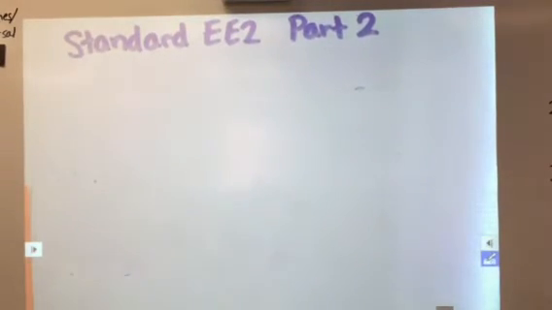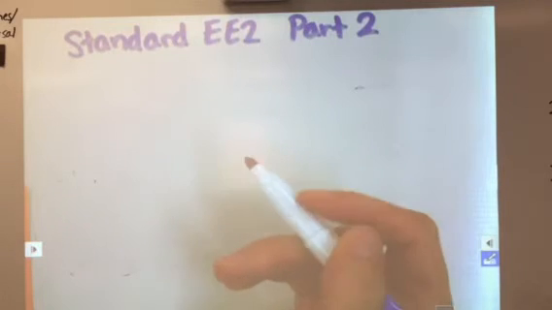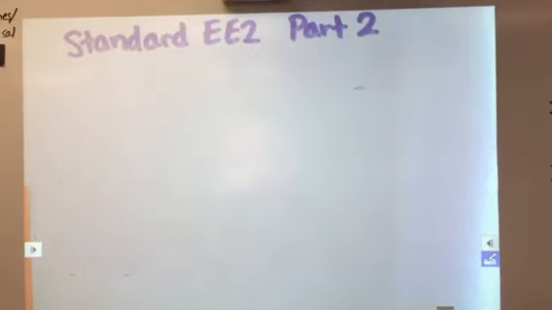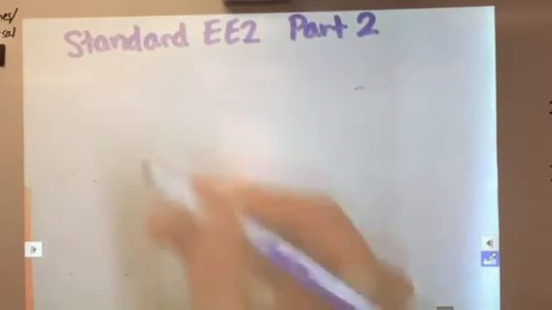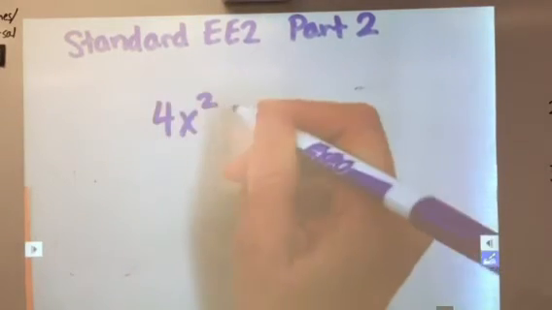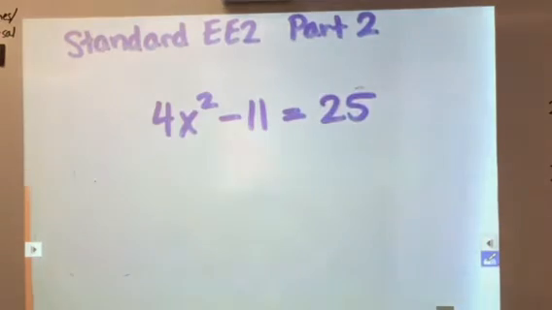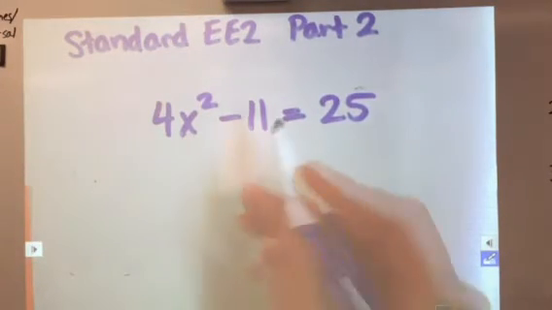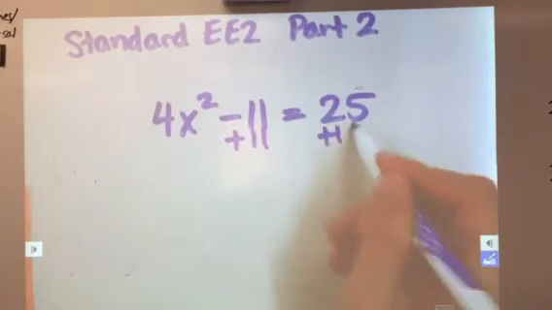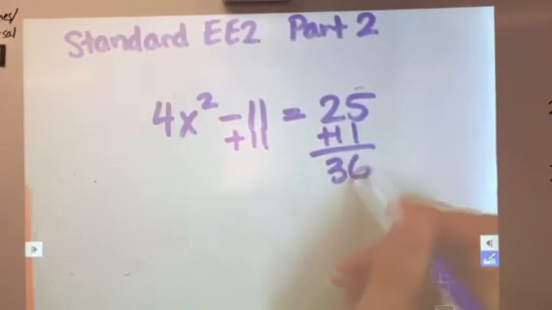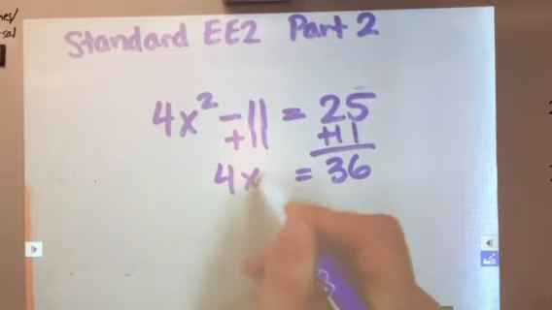Another example, x squared minus 11 equals 25. We're going to isolate x squared by adding 11 to both sides. 36 equals 4 times x squared.